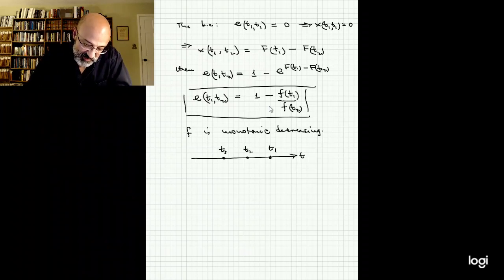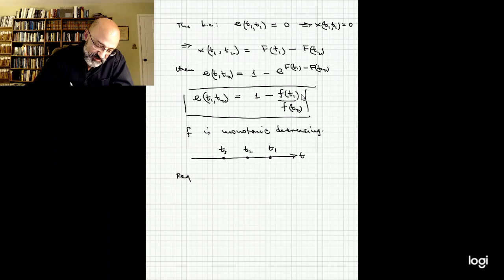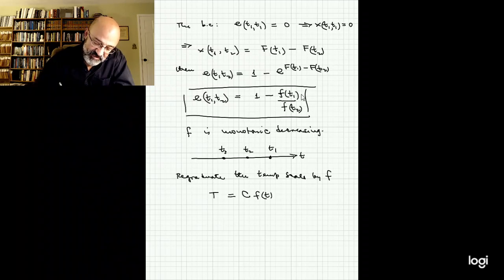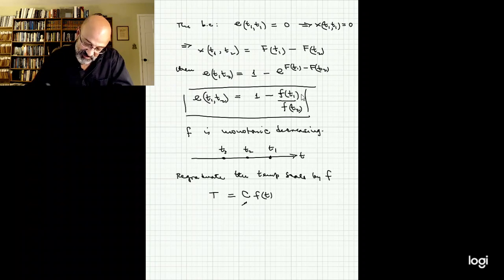So what we propose to do, given that these functions here are monotonic decreasing, is instead of ranking them according to T1, T2, T3, you rank them according to F. So what we propose is to regraduate the temperature scale by F. And the way we do it is just invent a new scale, which is just a constant multiplied by this F. Clearly the constant here, well, no, it's just a constant. It's something let's come to in a second.